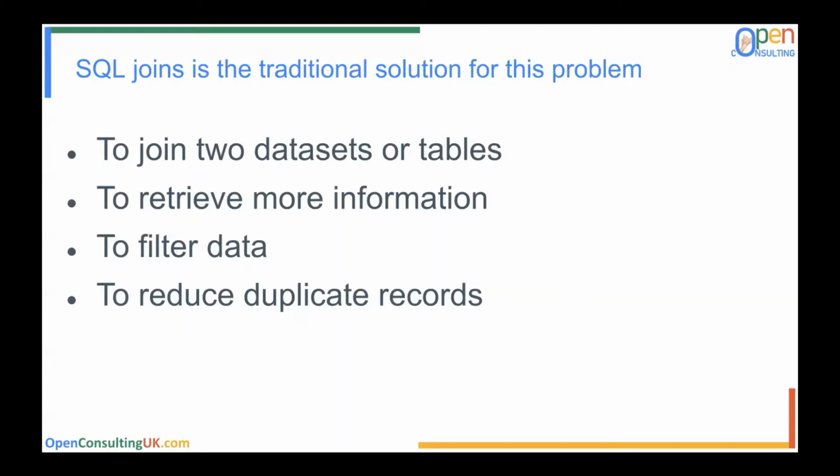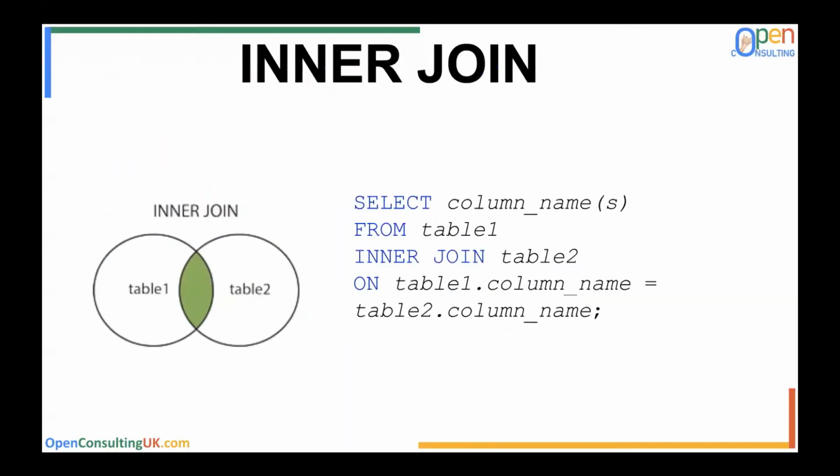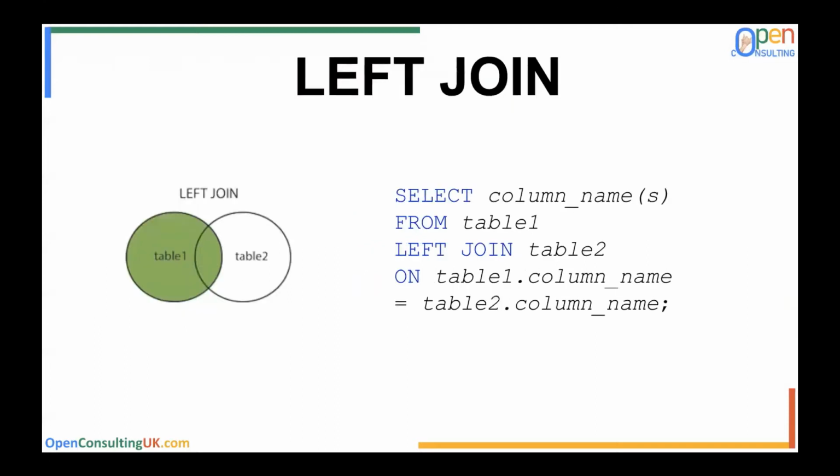Here are the different types of joins in SQL. Inner join. It returns records that have matching values in both tables. Left join. It returns all records from the left table and the matching records from the right table.